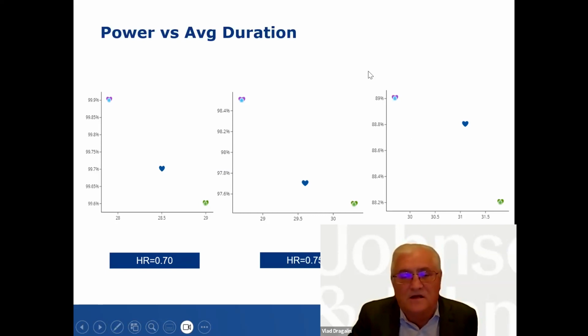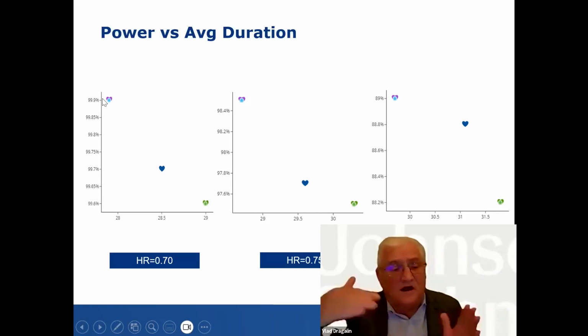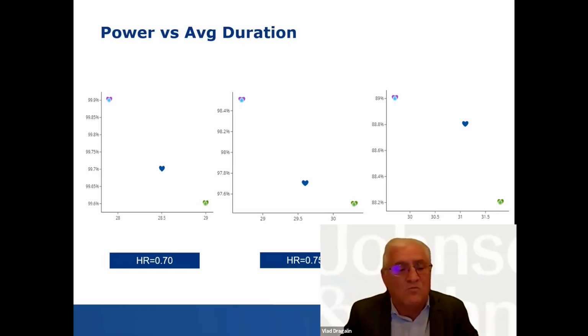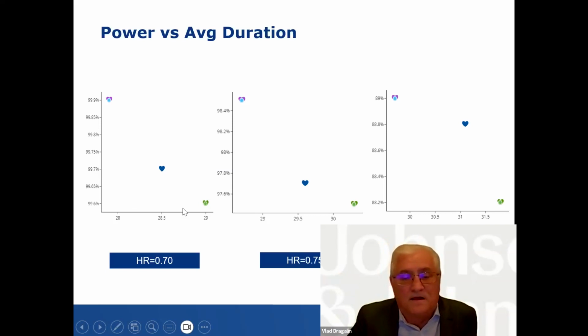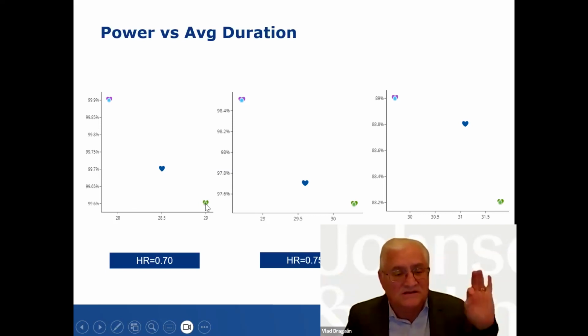And you see it's there, but you don't know what the hazard ratio will be, right? So this design, of course, because you start with a very large number of subjects, you will accumulate events very fast. And this is why the duration, which is on this scale, for that design is very low. This one is a design with 10,000, right?